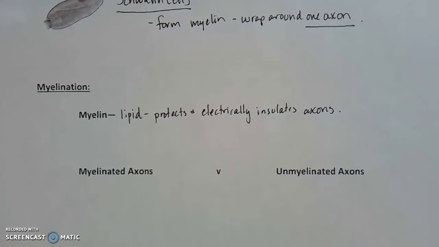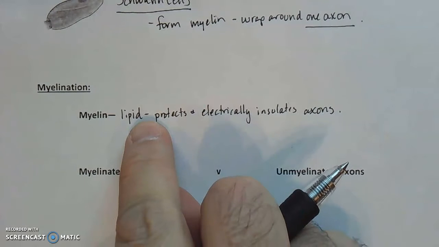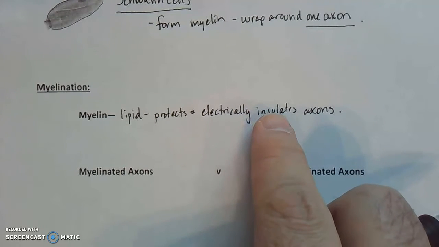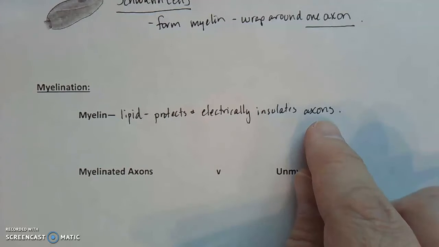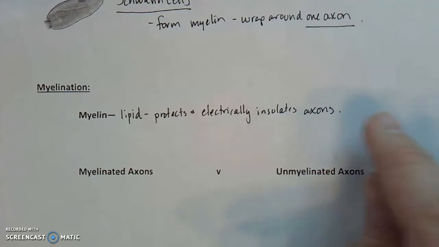It does that for part of the axon, because if you remember, we had those little spaces in between, the nodes of Ranvier, that are going to be exposed, and that is going to be a clue in how nerves function and transmit information a little bit later. But know that if there's myelin wrapped around part of an axon, it speeds up the message transmission.